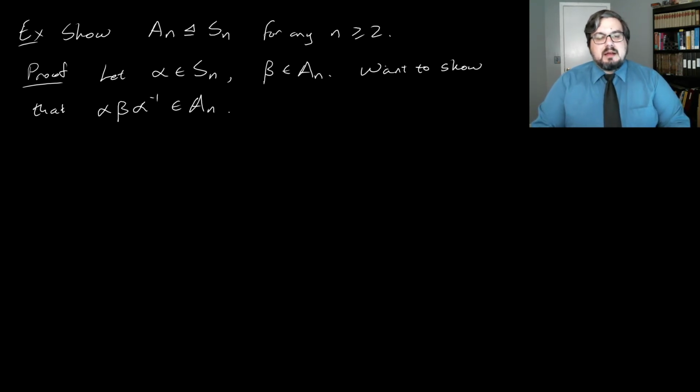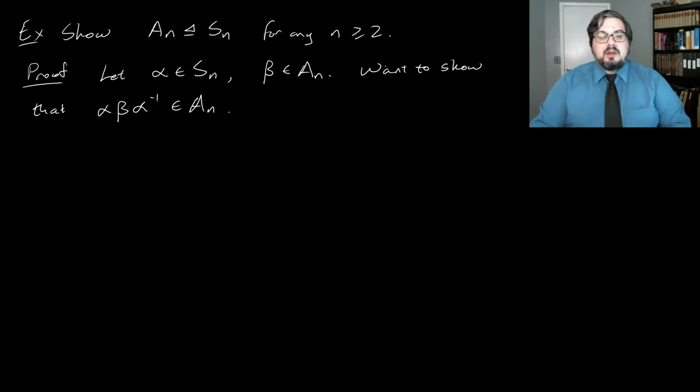So let's look at this. What defines belonging to the alternating group An? Well, it's being able to be written as a product of an even number of transpositions.